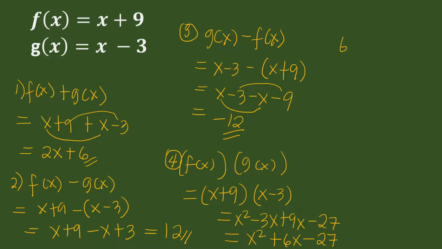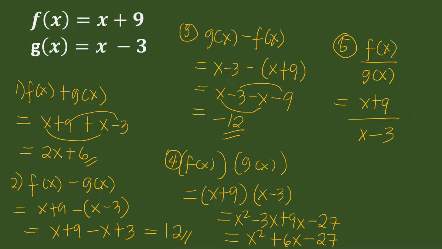We go to number 5. Let's say you're asked to get the quotient of f of x over g of x. In this case, we will have x plus 9 divided by x minus 3.